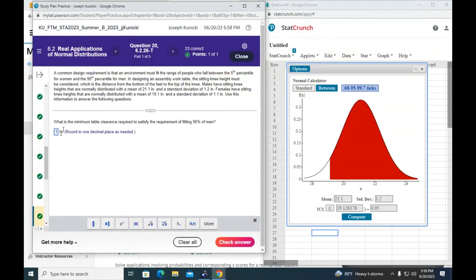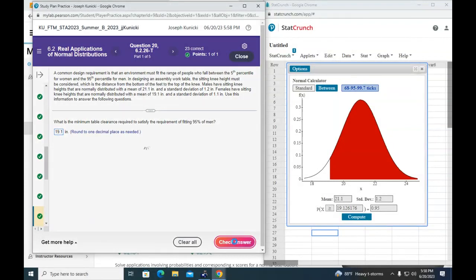19.1. Do I have all the numbers incorrect? I think you should be looking at the 19.1 as your mean.